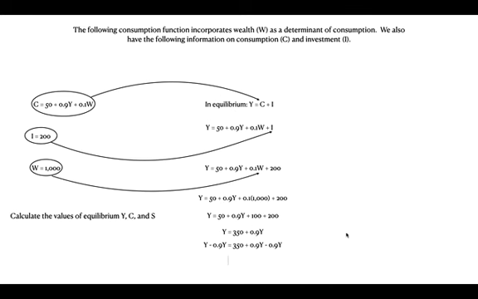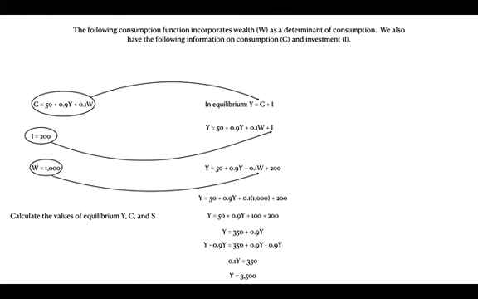That's equal to 0. And we end up with 0.1Y is equal to 350. So we had Y minus 0.9Y, which gives us that 0.1Y. And these two cancel each other out. So we have 0.1Y is equal to 350. And if we divide both sides by 0.1, we get that Y is equal to 3,500.